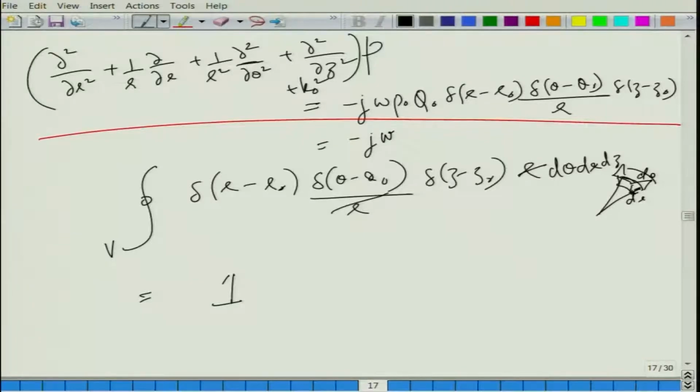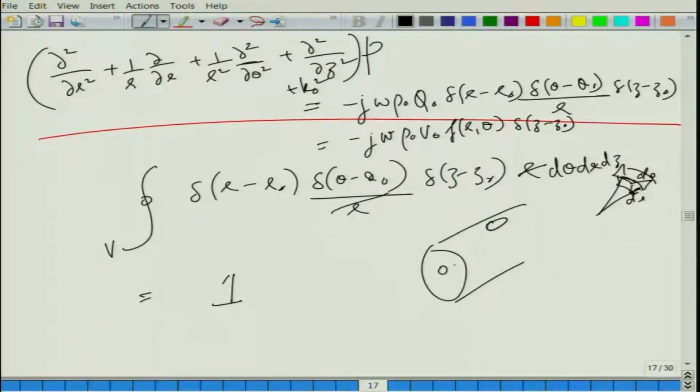excitation, what we will do is that instead of this we will have u naught into f of r theta into delta z minus z naught. That will be there, provided the port is located at r theta on the end face somewhere here.